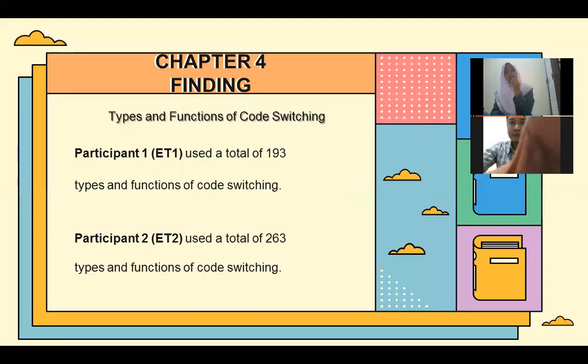And the next slide consists of chapter 4, about findings. After conducting observations and interviews, I found the final results.